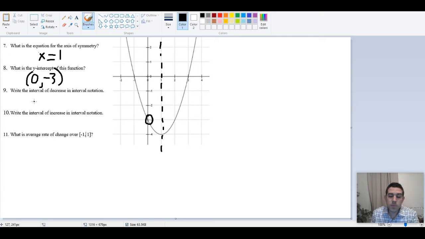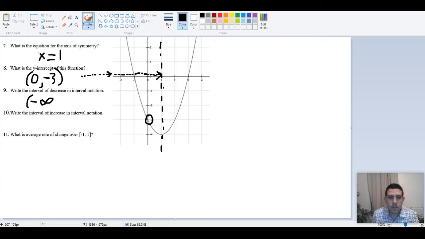Now the intervals we still have a little bit of trouble with. Intervals, remember, are measured on the x-axis. This parabola decreases way back here, from negative infinity, and it keeps going until it stops decreasing right here, right at the line of symmetry.